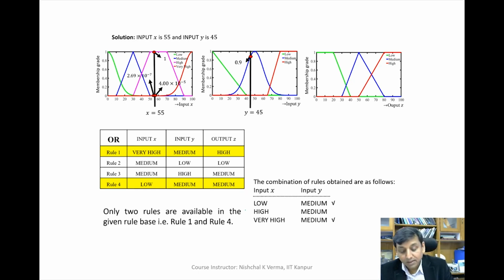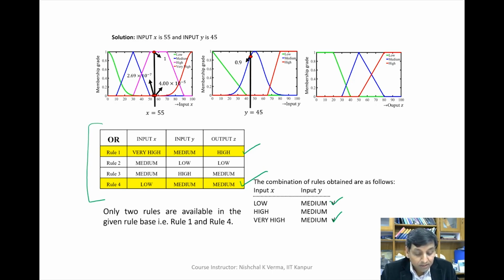We see that we have been given only 4 rules, and among these 4 rules, 2 rules take our combinations, the highlighted ones. These exist in the set of rules that the model has.